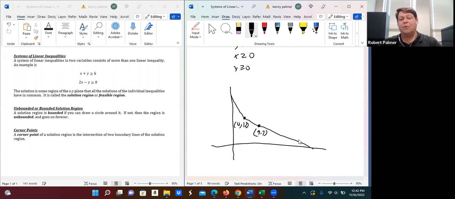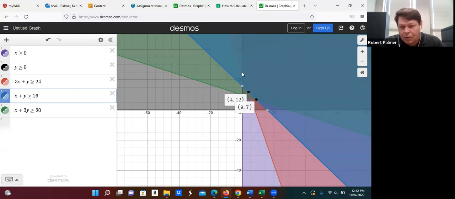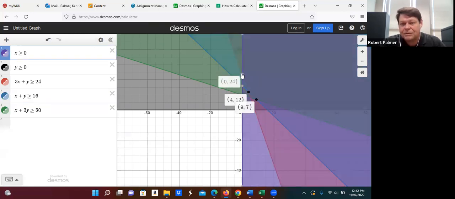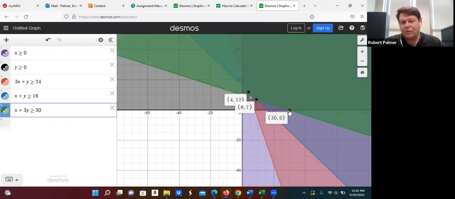Then we also have corner points on this region here as well, 1 here and 1 here. Let's see what those are, where that crosses the axis. So 0, 24 and 30, 0.